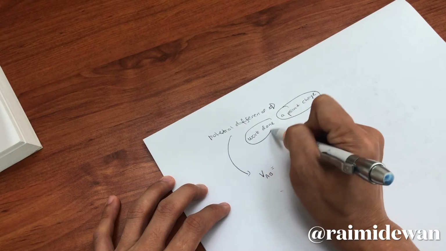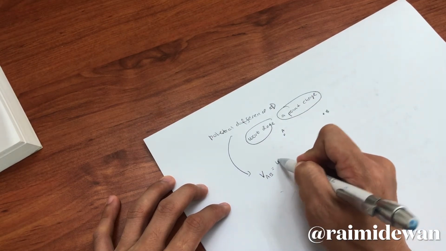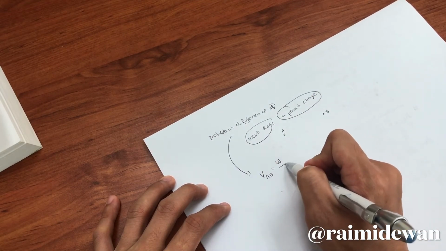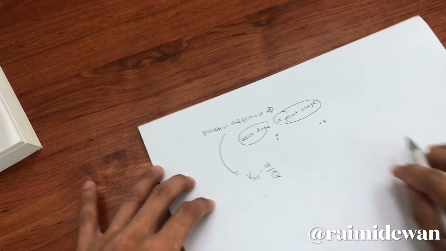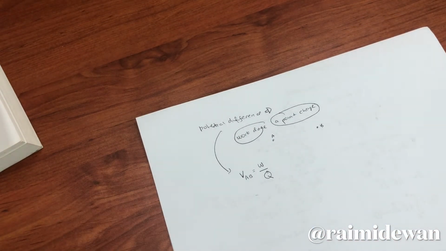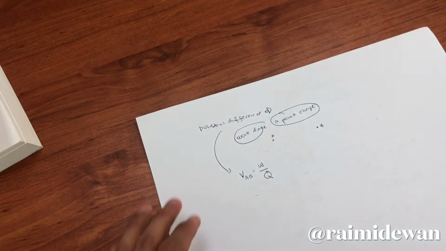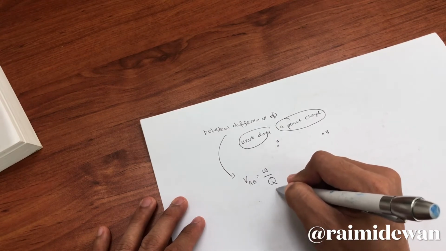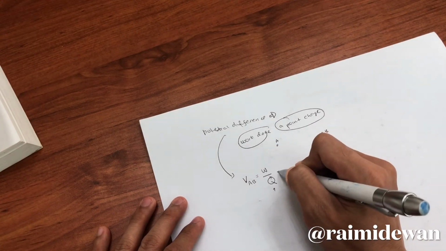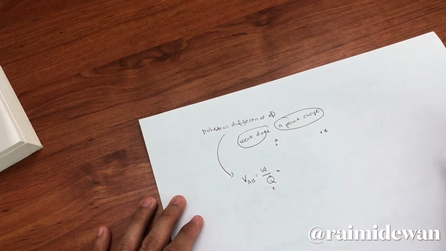Work done, W, in bringing a point charge Q. Because it is a point charge, this will be 1 afterward, based on the definition.